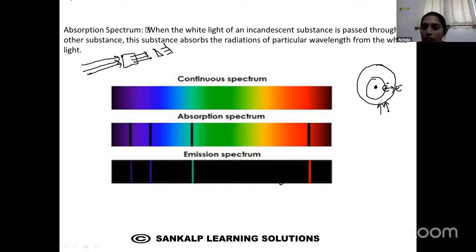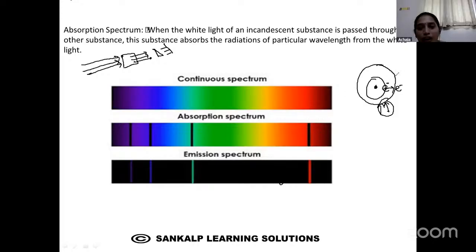At that time it has to absorb this energy. See, this white light is nothing but a form of energy. When I pass this white light through this substance, these electrons get to this energy level, and here they absorb some radiations.